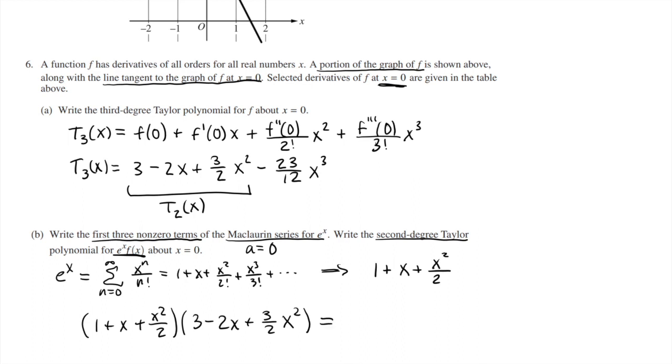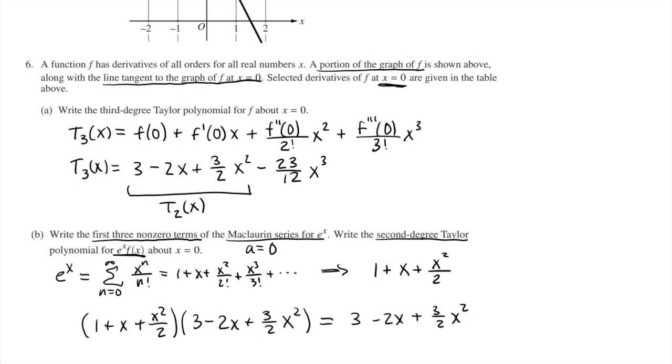If I multiply these things out, one way to do this is to start with your first term here and distribute it through all of the 3 terms on the right, and then move to the second term, distribute it through to all the terms on the right, and continue like that. So our first one is 1 times 3 plus 1 times -2x plus 1 times 3 halves x squared.